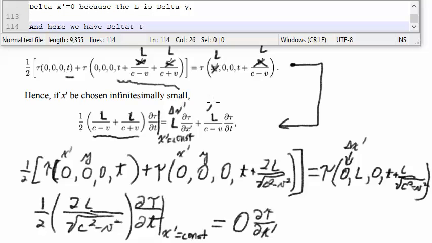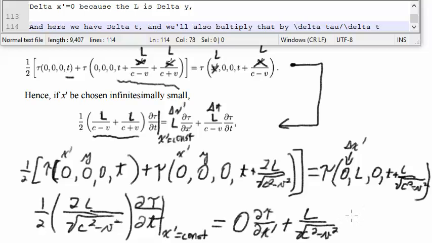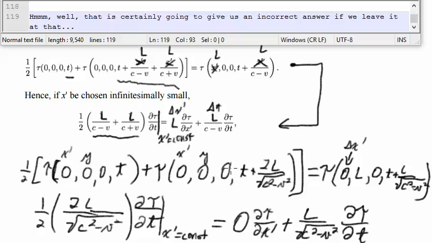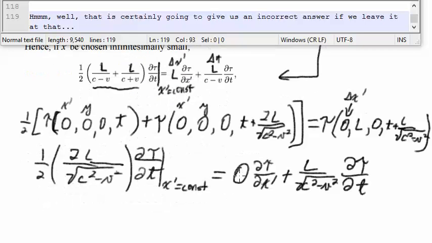And here we have delta t, which in this case is going to be L over square root of c squared minus v squared. And we'll multiply that by partial tau partial t. Well, that is certainly going to give us an incorrect answer if we leave it at that. Well, no, not incorrect, more indeterminate.